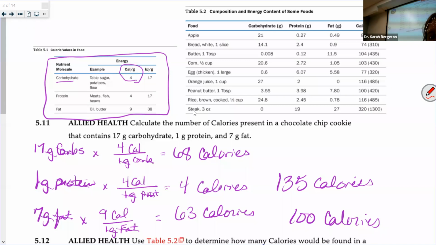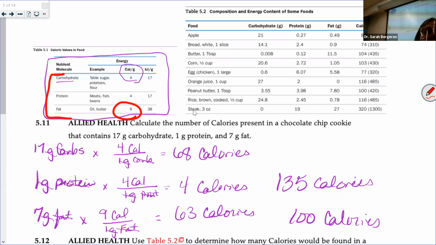So if we compare our three different molecules here, carbohydrates, proteins, and fats, which one is going to give us the most amount of energy per gram of food? Which one's going to give us the more energy? Fats. For every gram of fat, you're going to get 9 calories.